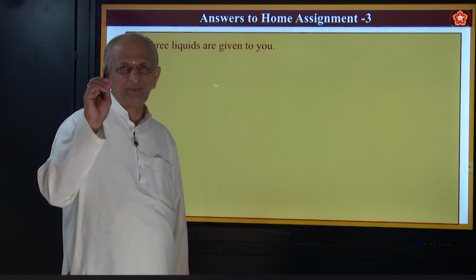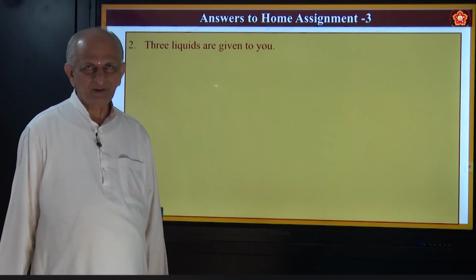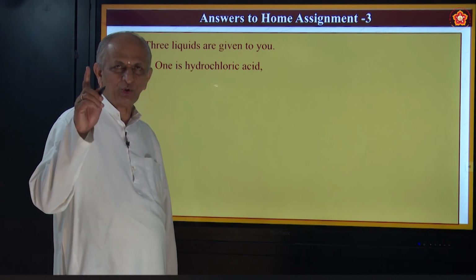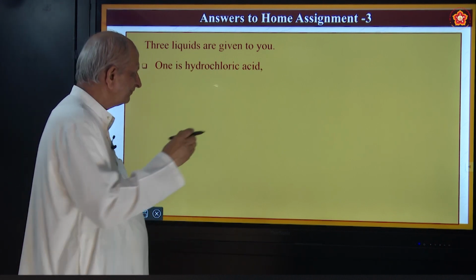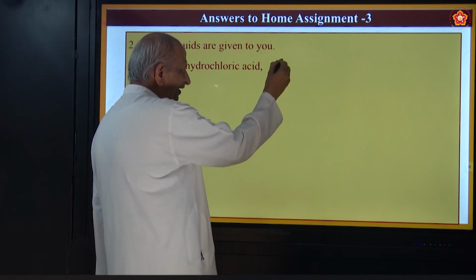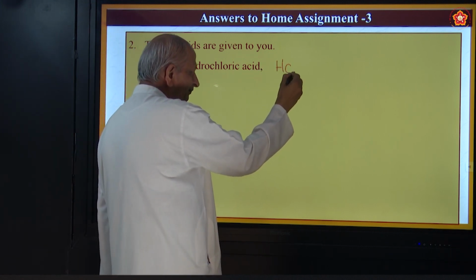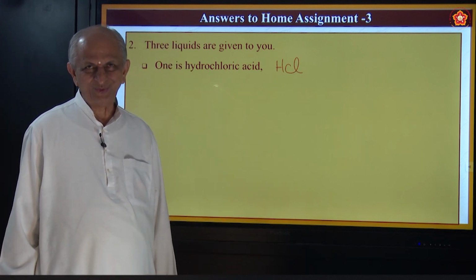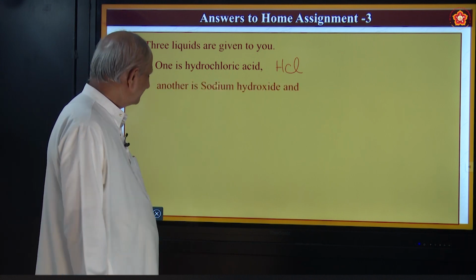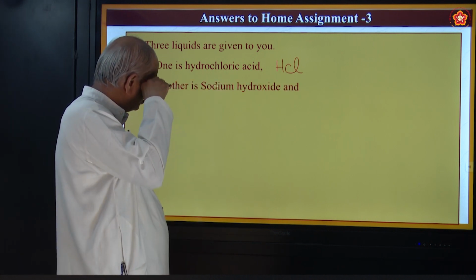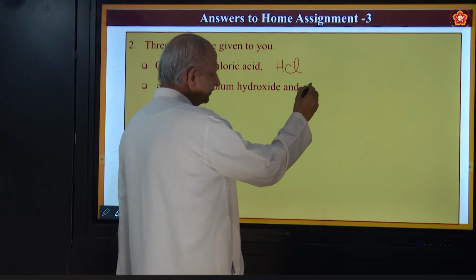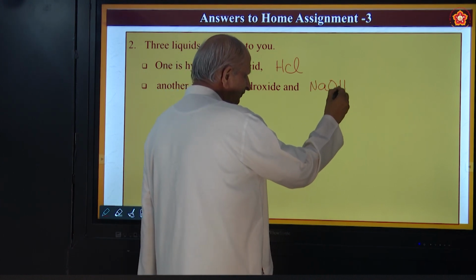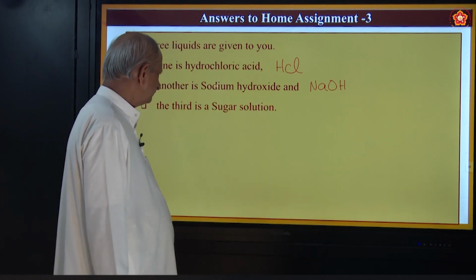Now coming to some more questions. Three liquids are given to you. One is hydrochloric acid. Do you know where this is present in our body? It is present in your stomach also. Another one is sodium hydroxide. Sodium is Na, hydroxide is OH, NaOH.